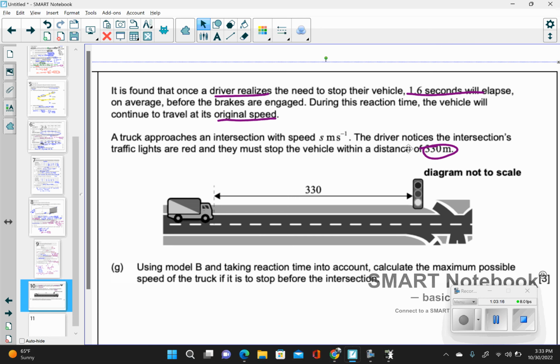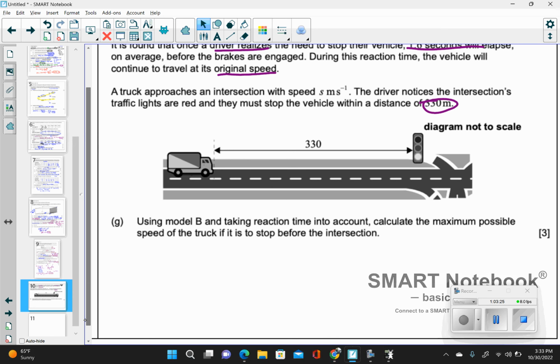All right, so for this part, it says using Model B and taking reaction time into account. So we're using Model B plus reaction time. We have to remember that reaction time, he said, takes him 1.6 seconds.